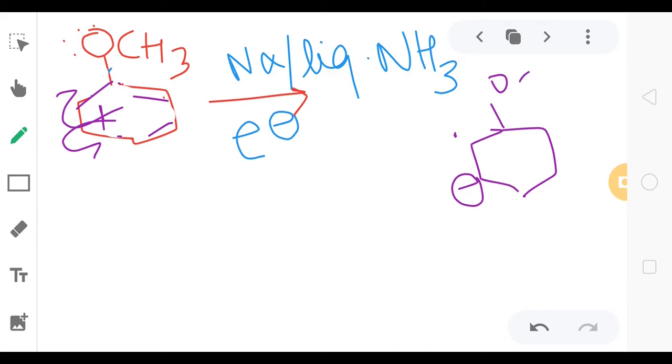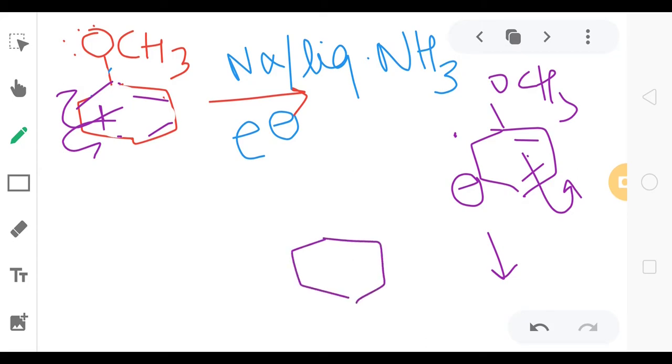We will keep this negative charge very far from here. Okay, so this resonance will occur. Now you see that this is the radical.